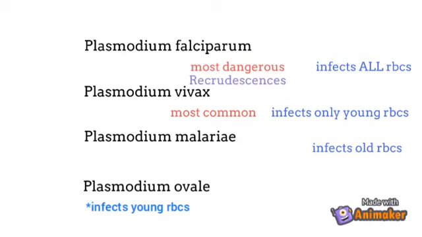Recrudescences are common in P. falciparum and P. malariae, while relapses, as I have previously explained, are common in P. vivax and ovale. And the difference between a recrudescence and a relapse is that a recrudescence is a repeated attack of malaria due to survival of the parasite in the red blood cell, while a relapse is a recurrence of the disease after it has already been cured due to reactivation of hypnozoites.